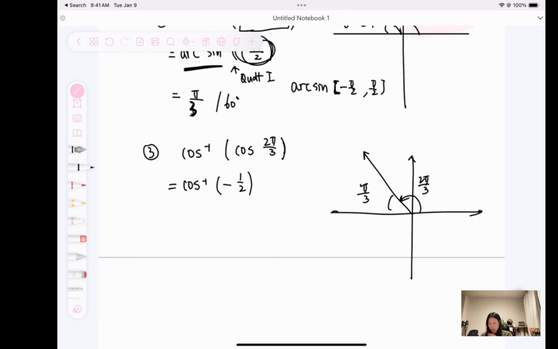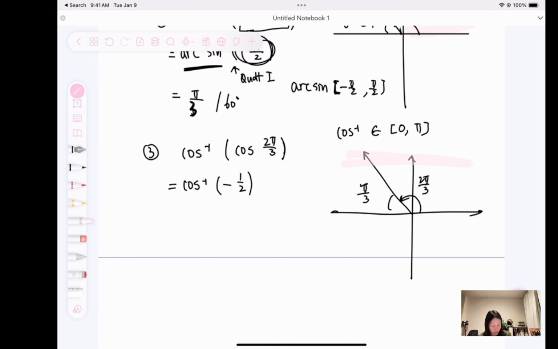Okay. Now, the second part is we try to solve the inverse function. First of all, let's do a quick review. The inverse function has to be in the domain from 0 to pi, which in this case would be easier because your angle is already in the second quadrant.